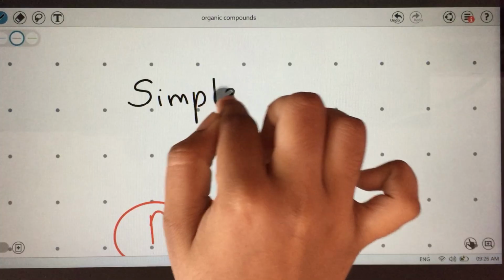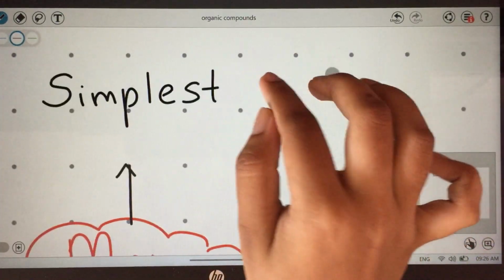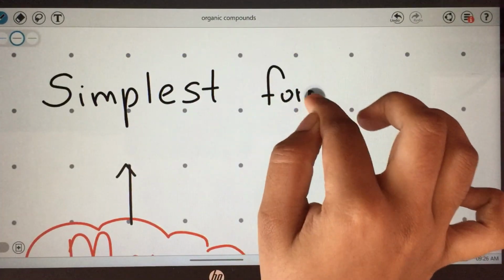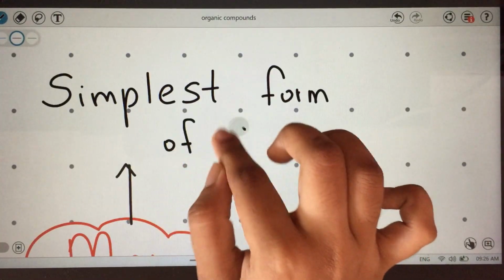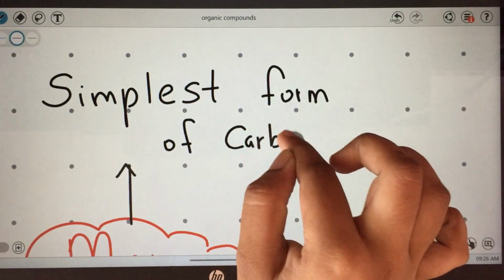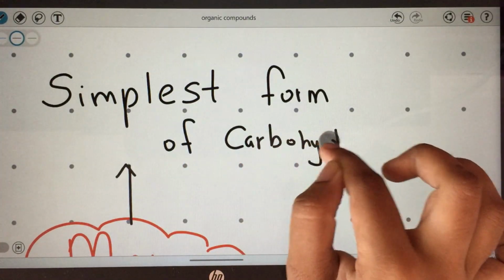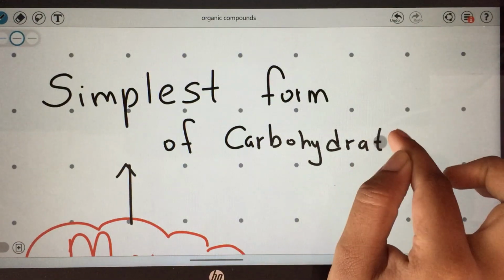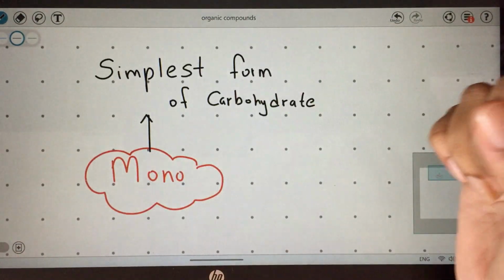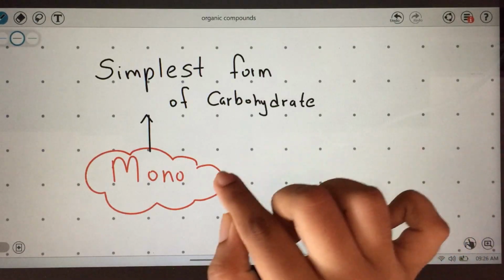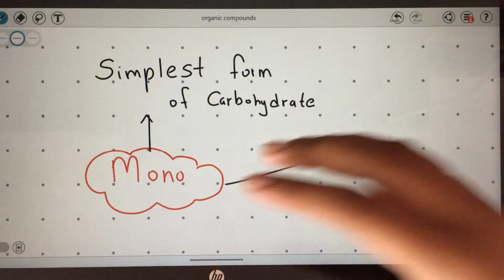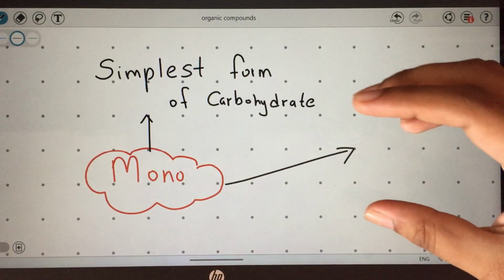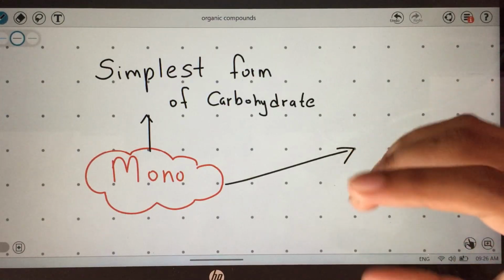Okay, simplest form of carbohydrate. That's what you have to remember about monosaccharide, the first point. Then second one we can speak about. Now for carbohydrates, this side what did we speak about? This side we spoke about the composition, right?